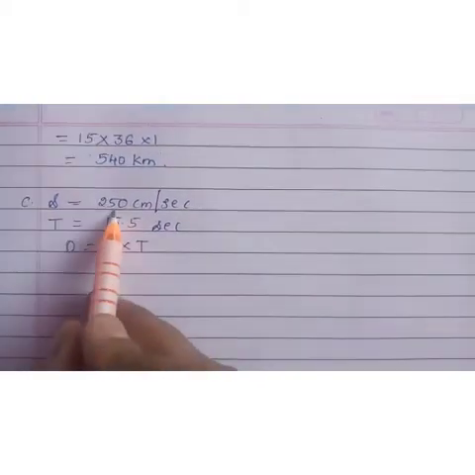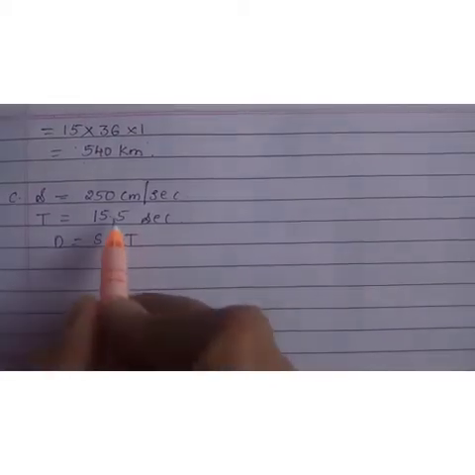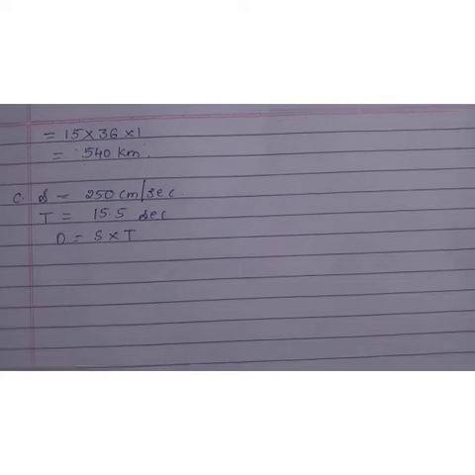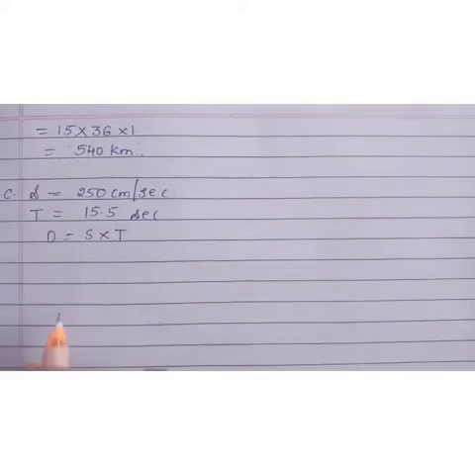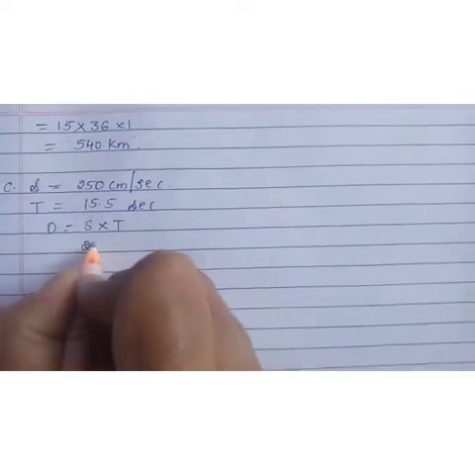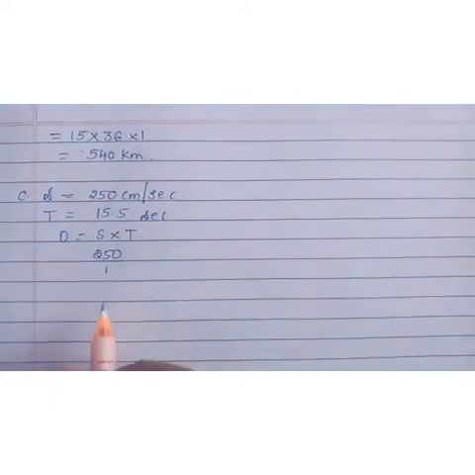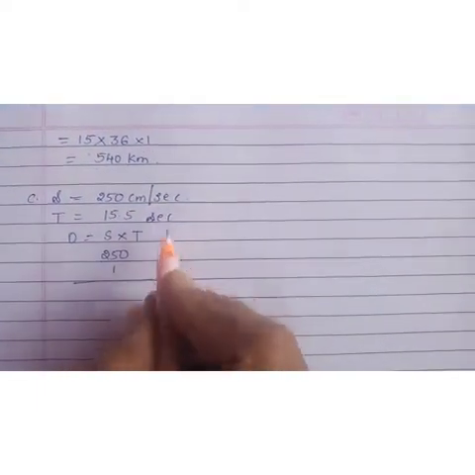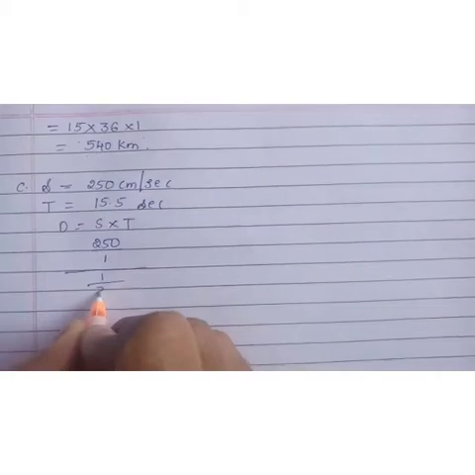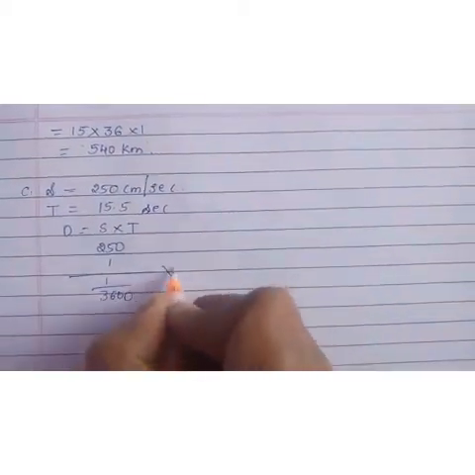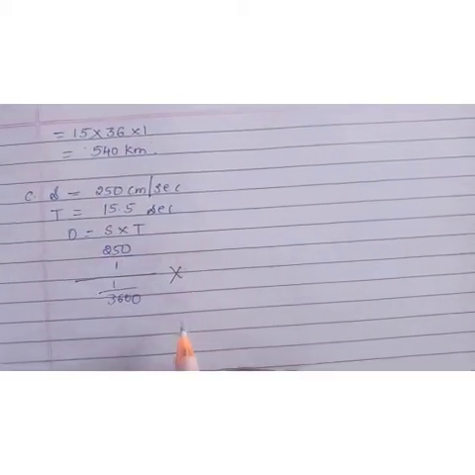Now we have to convert this. So this 250 centimeters per second, you will write it as 250 upon 1, and next per second, that is 1 upon 3600 into time, that is 15.5.